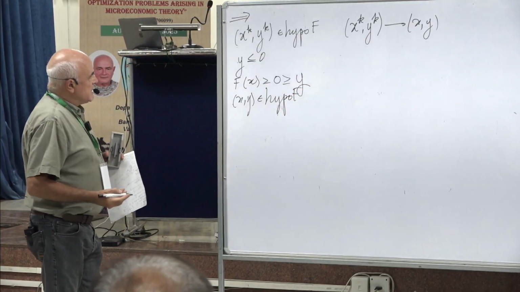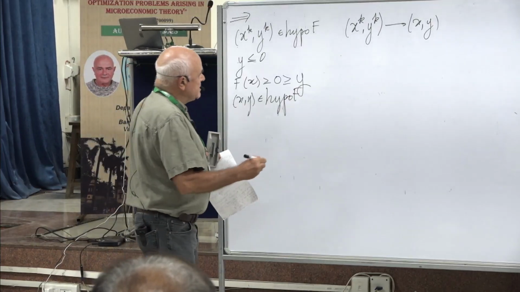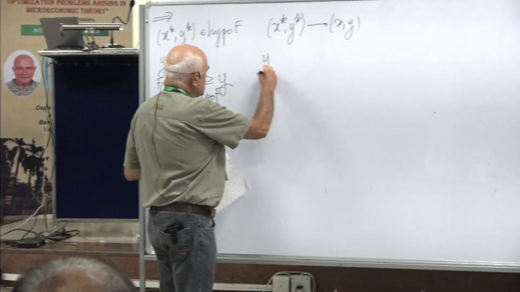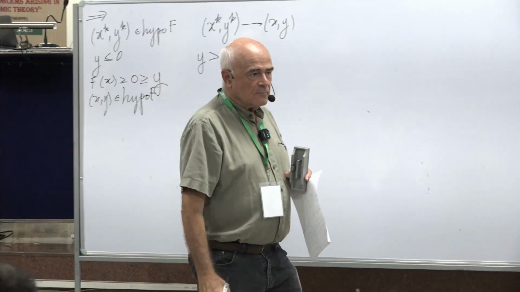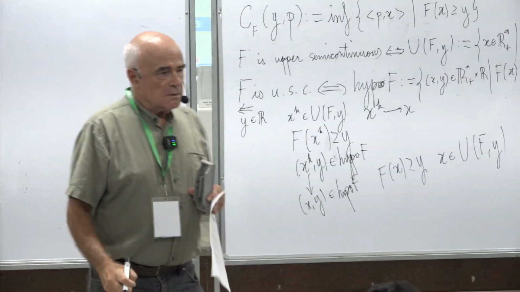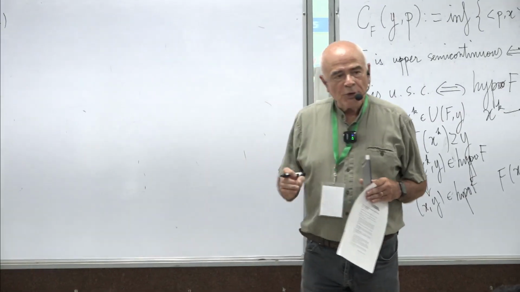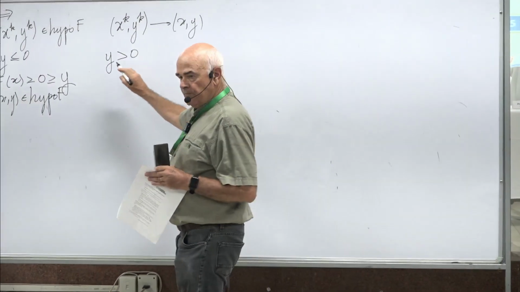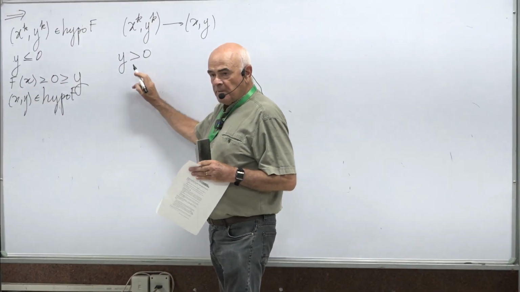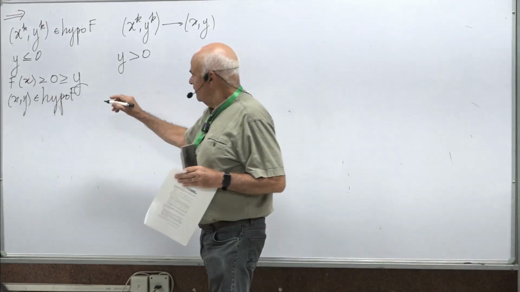So this case is easy. Now consider the case in which y is positive. Now comes the little extra work. We have to consider an intermediate number, an arbitrary intermediate number, y prime.